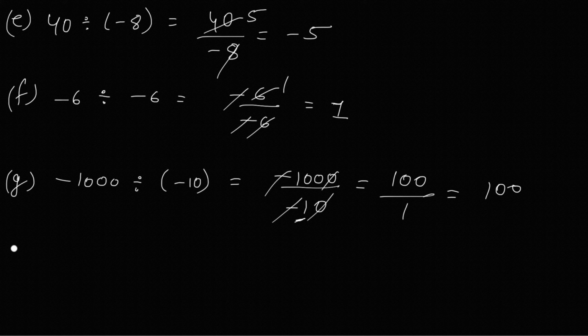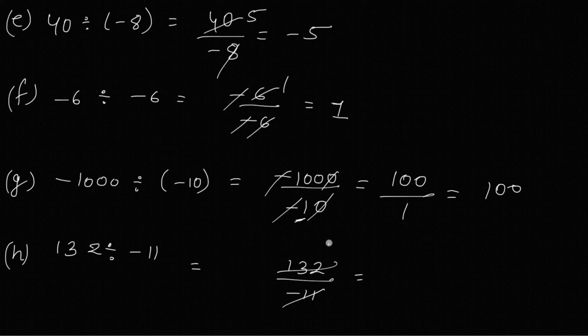Now question number H. The question is 132 divided by minus 11. We can directly divide, so you will get 12. There is a negative sign, so write negative 12.